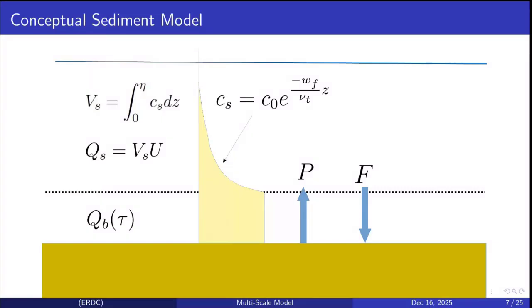So the advantage of doing this: you of course incur a little bit of error by making this assumption of what the vertical profile looks like. The advantage is substantial, though, in terms of stability and efficiency, because you've moved from a fully two-dimensional evolution problem in time into a one-dimensional evolution problem in time. So that's substantial.